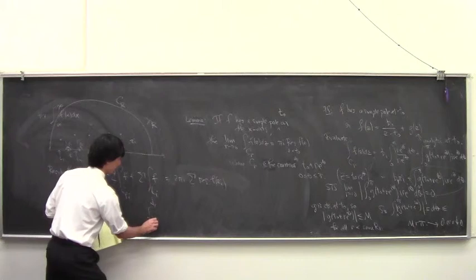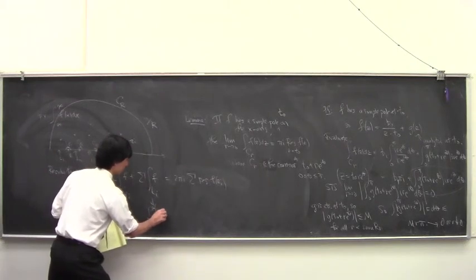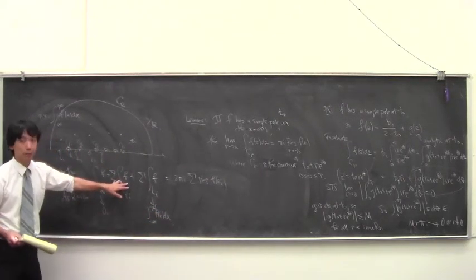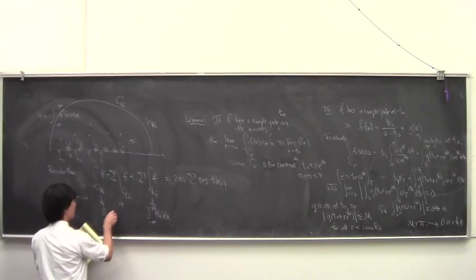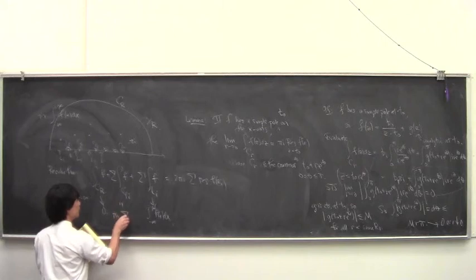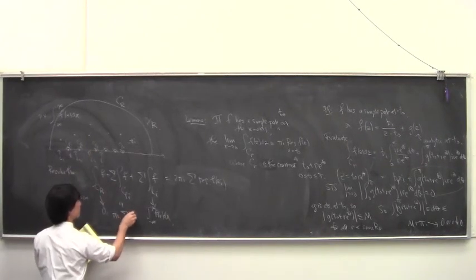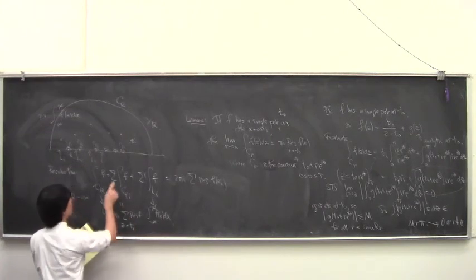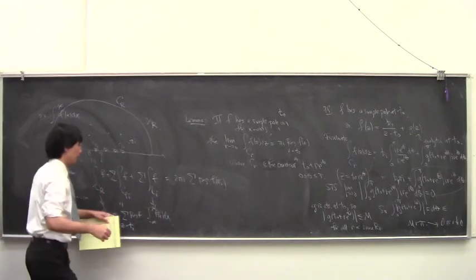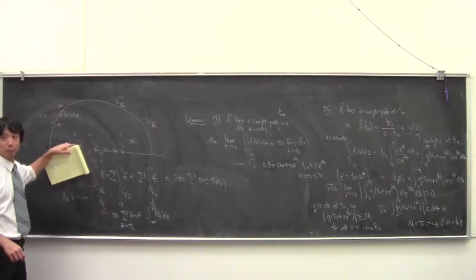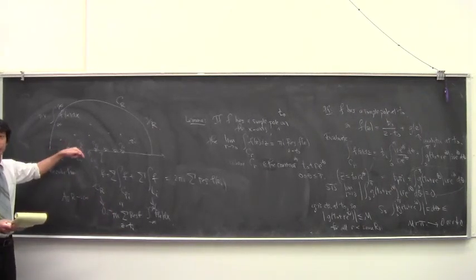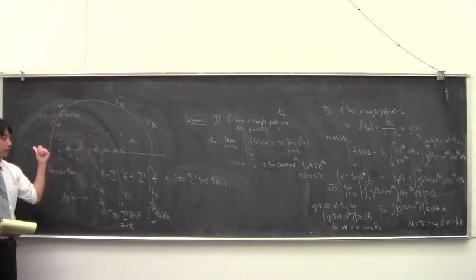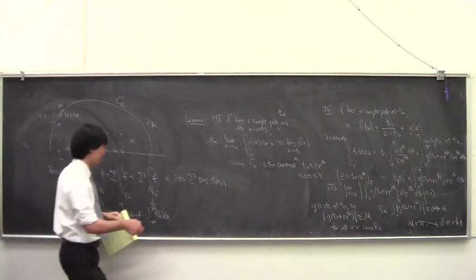And what's this? This is going to be pi i times the sum of the residues at these points, at z equals t sub i, but in the wrong direction. So it's going to be minus, because these are all going clockwise rather than counterclockwise. Okay. So what's going to happen in the end?